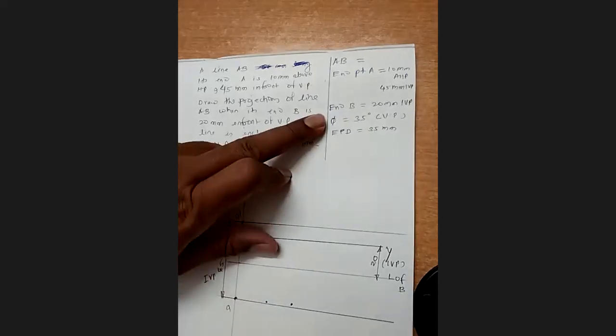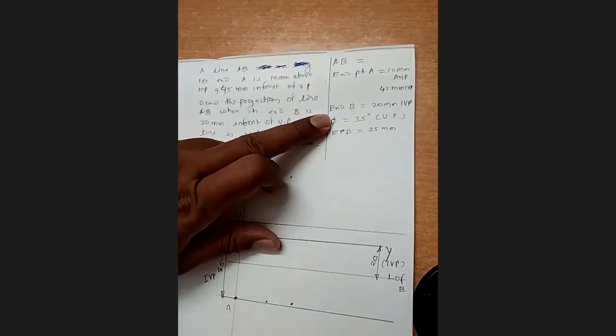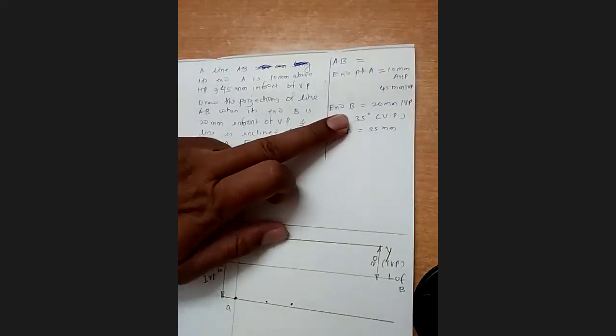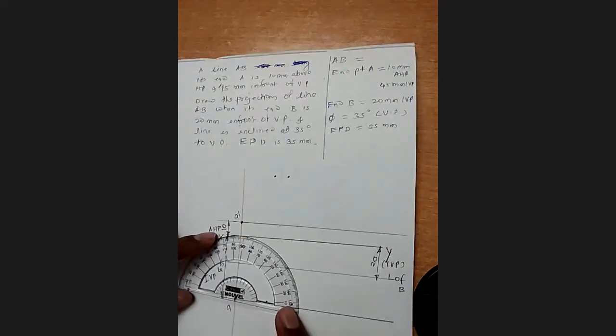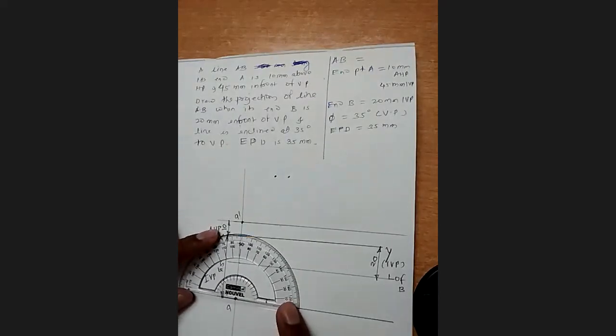Next, they have given the inclination with vertical plane, 35 degree. So for that, take a protractor and mark the angle 35 degree.